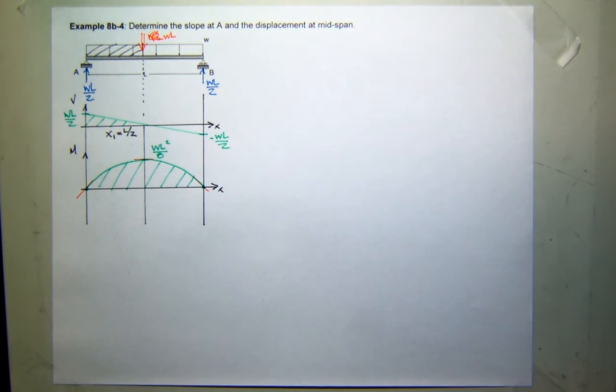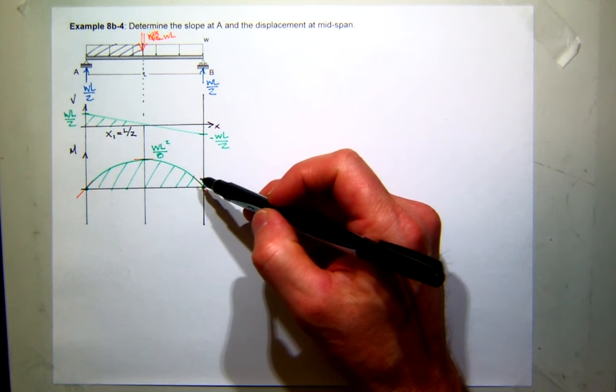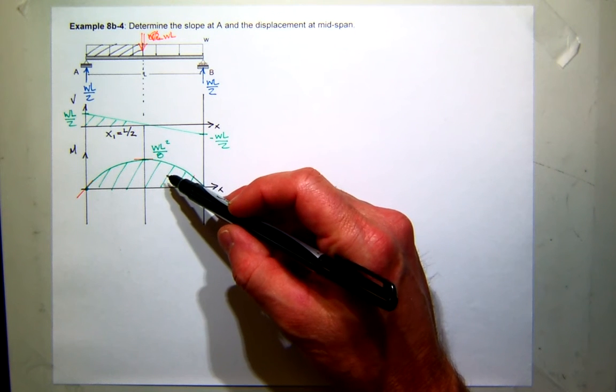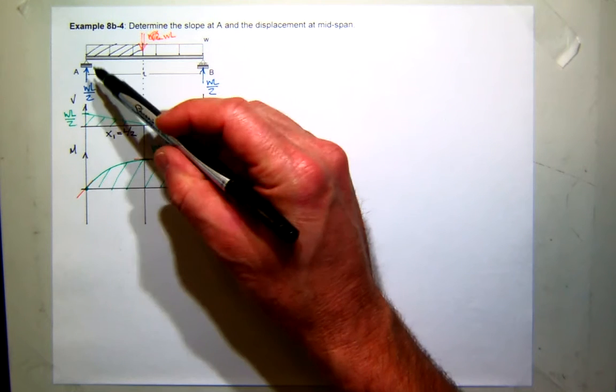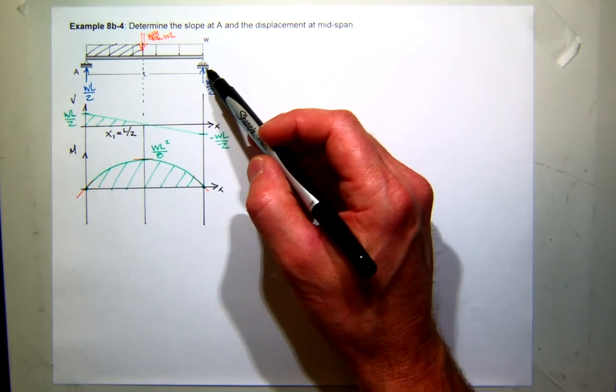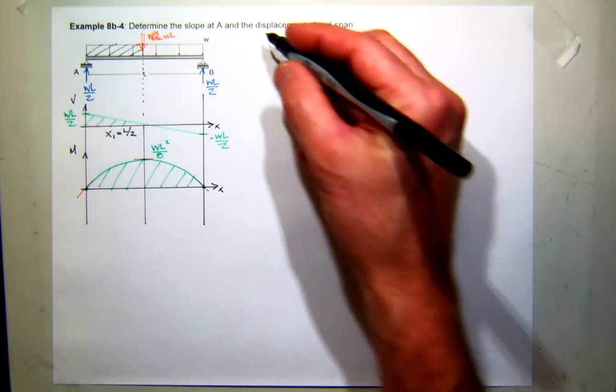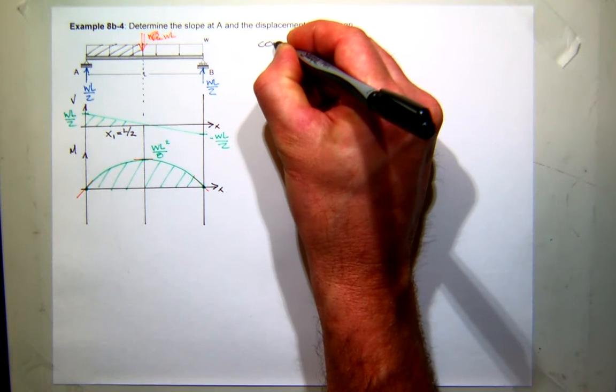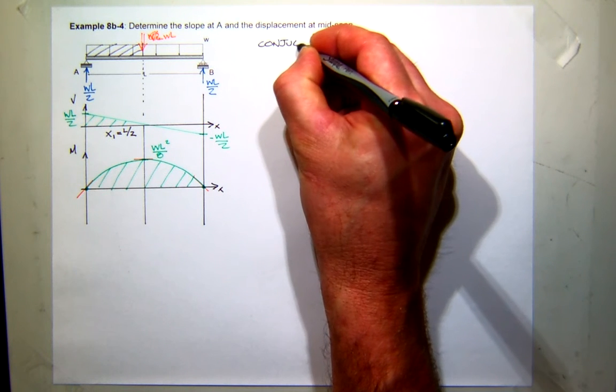So that's not so bad yet. We'll see. Now I need to draw my conjugate beam and apply this as load. So what might the conjugate beam for this look like? What's the pin at A become in the conjugate space? A pin. What about the roller? So really the conjugate beam geometry looks exactly the same.